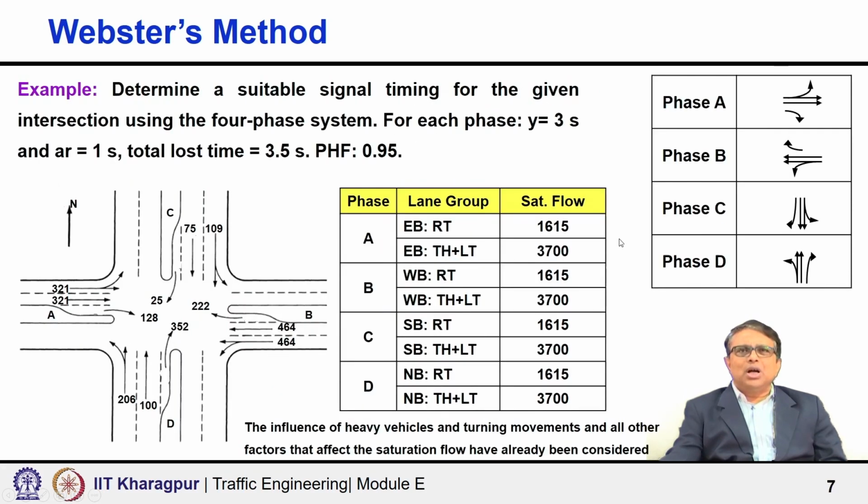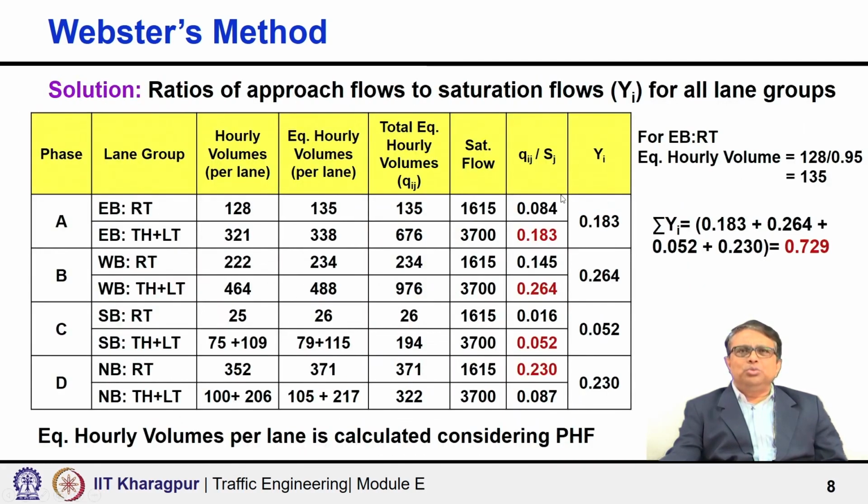If you come here, there are two values, one is 0.084, another is 0.183. What is the maximum of these two? 0.183. Similarly, 0.145 and 0.264. What is the maximum of this? 0.264. Similarly, here it is 0.052, and for phase D the Y_i is 0.230.